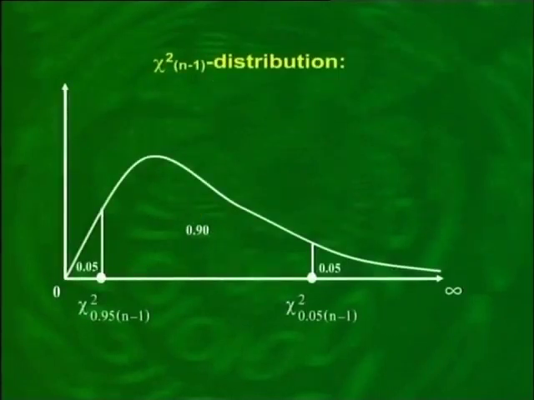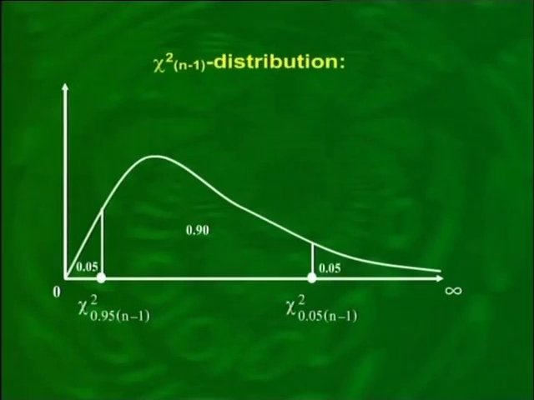The next slide shows what we mean by chi square 0.05 and chi square 0.95. The value chi square 0.95 indicates that value on the x-axis, the area to the right of which is 95% of the total area under the chi-square distribution.